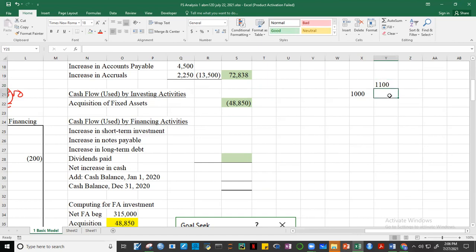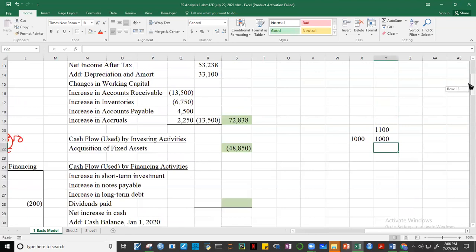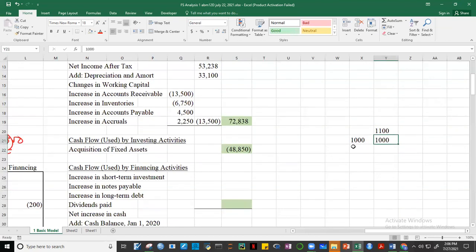Ang mangyayari dyan, guys, okay, yung 1,000 dyan will fall under investing, kasi i-close natin yung fixed asset na 1,000. And then yung gain na 100, operating yan. Okay? So this will go to investing. So bali ito, guys, source of cash to kasi nagbenta tayo eh. Okay, then itong 100 pupunta yan sa operating. Source of cash din yan.